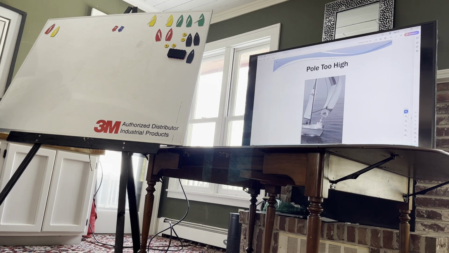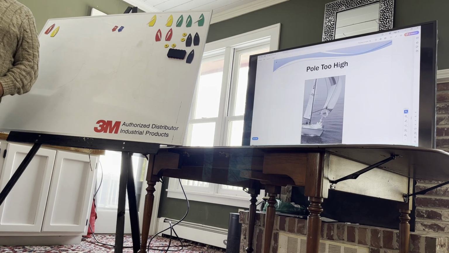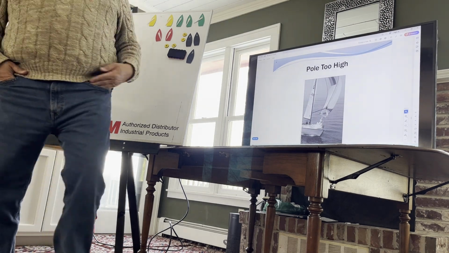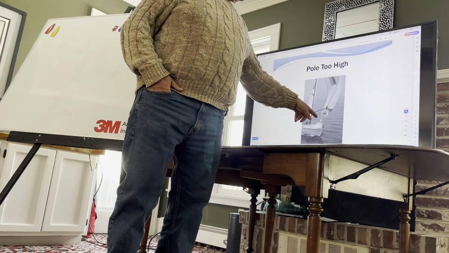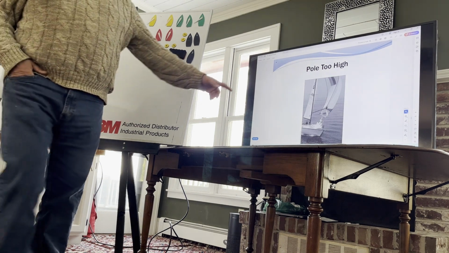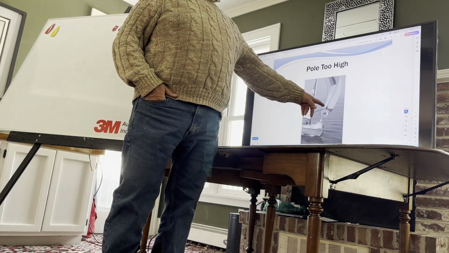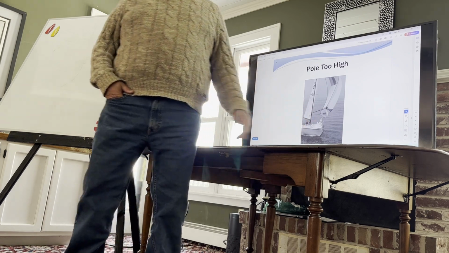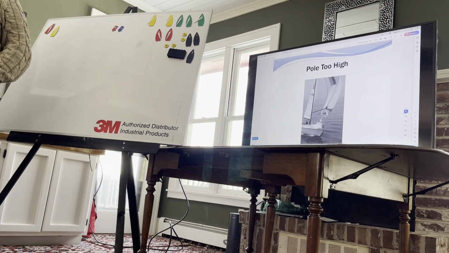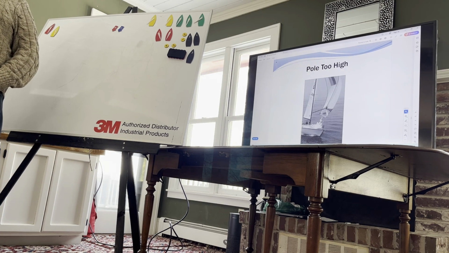So there's two ways. We'll start with pole height. What you're really looking for are the two clues to be even. Here, the pole is too high, so the guy clue corner is higher than the sheet clue corner.